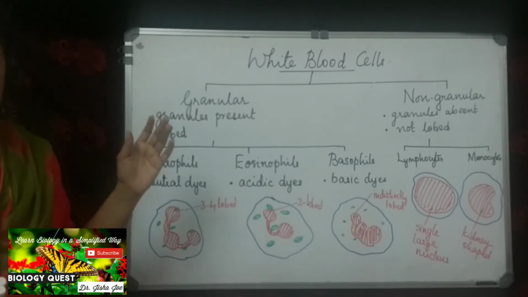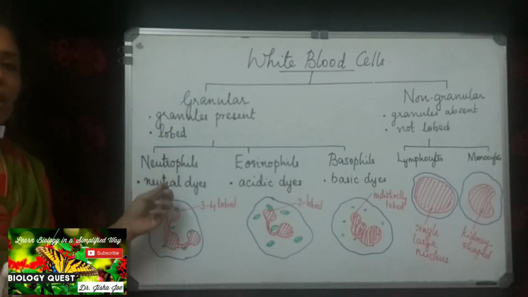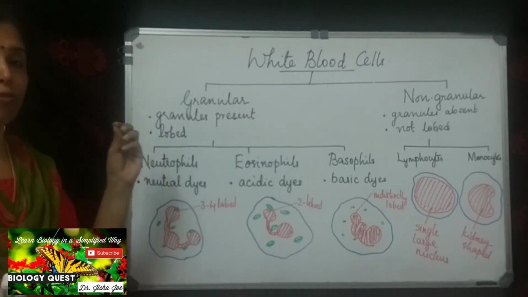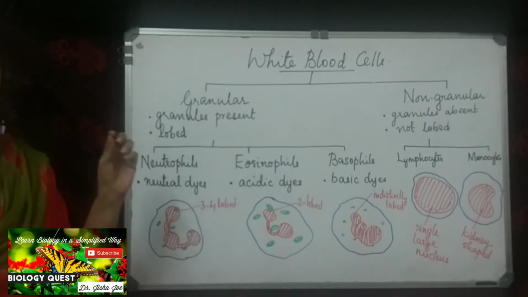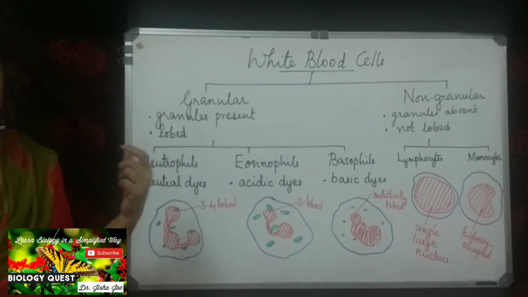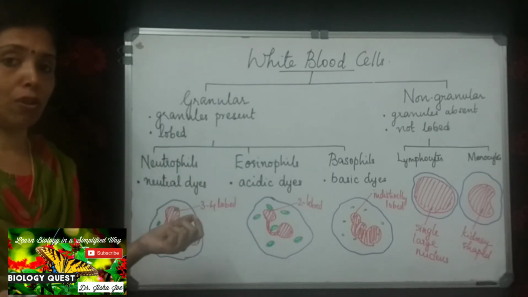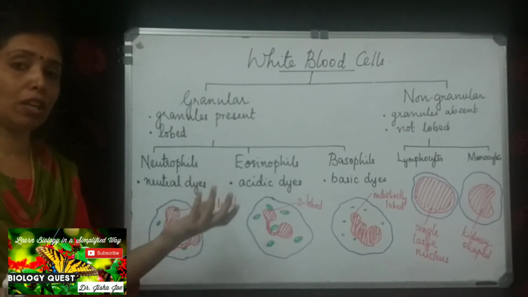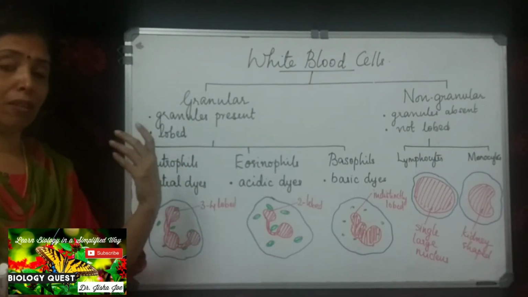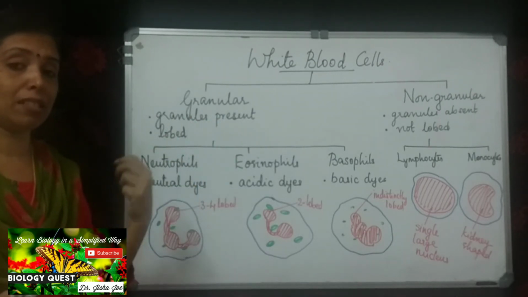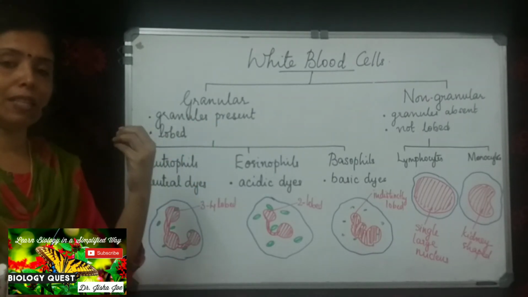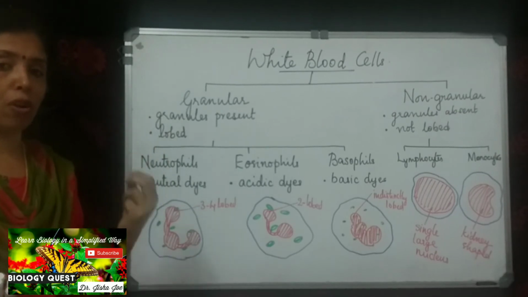Now, moving on to the eosinophils. Eosinophils also have the capacity for phagocytosis and also they secrete antitoxins. What are antitoxins? When a disease-causing germ or bacterium enters into our body, it produces toxins.